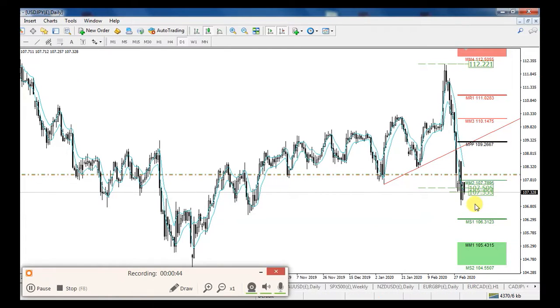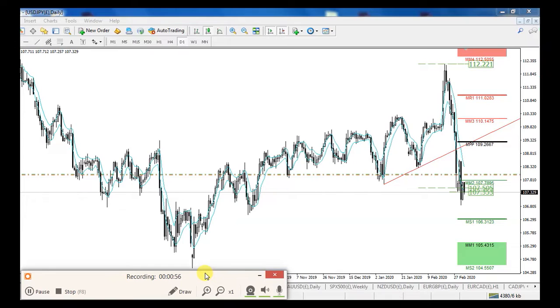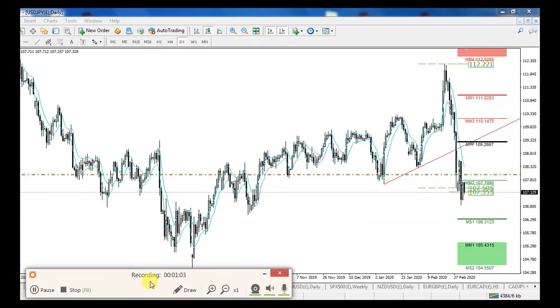Of course, it might not work out because we have non-farm payrolls tomorrow, as I mentioned earlier, and that can change the direction. So you might want to either close it or wait until the non-farm payrolls is out. That's up to you to decide, but I will definitely be holding the position and see what happens.